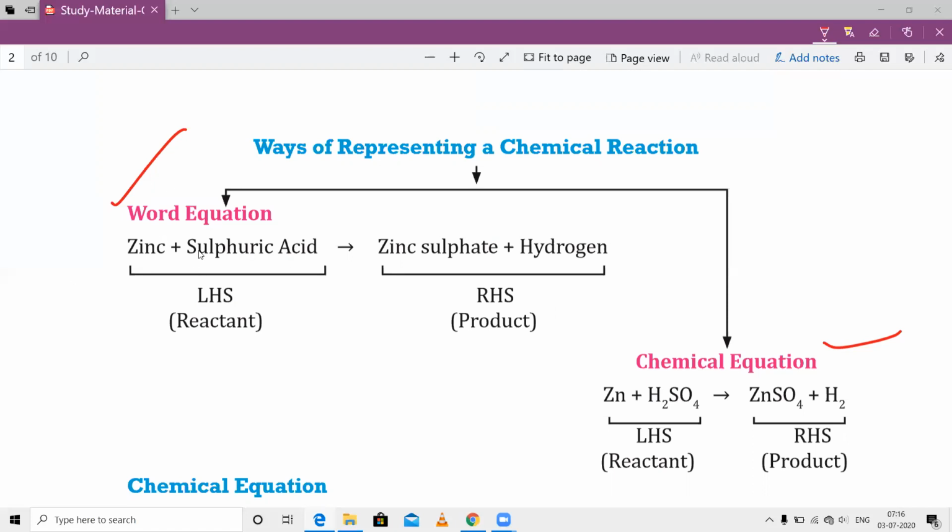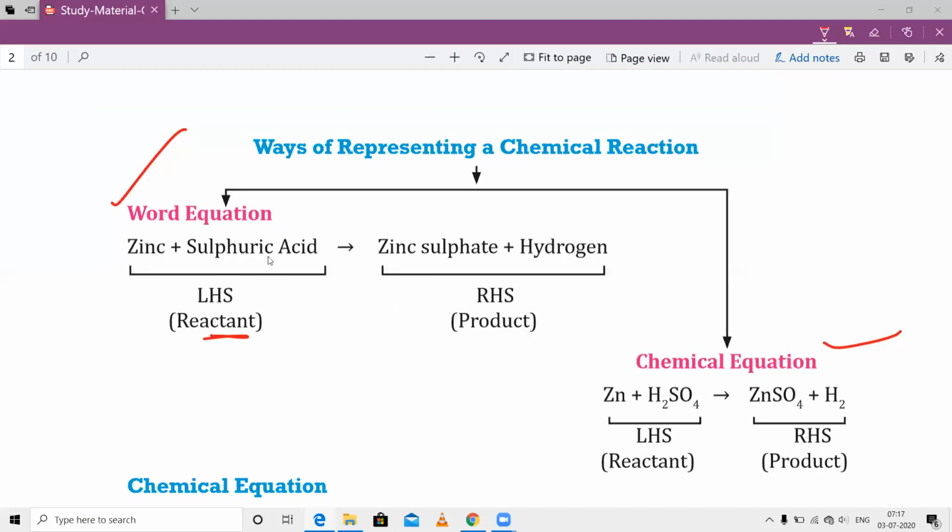So in the word equation, the reactants are zinc and sulfuric acid. Zinc plus sulfuric acid, this is the LHS side, which is known as reactants. When they are both mixed, after some time in the product I will get zinc sulfate.